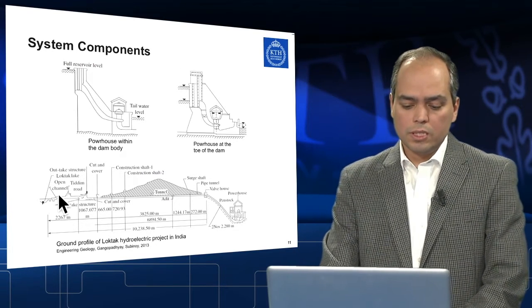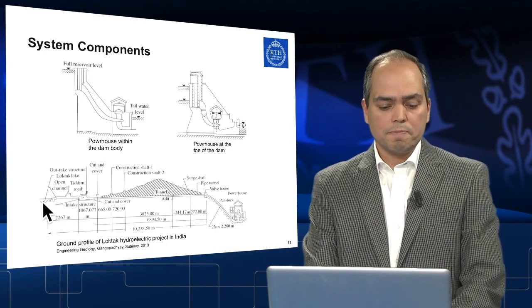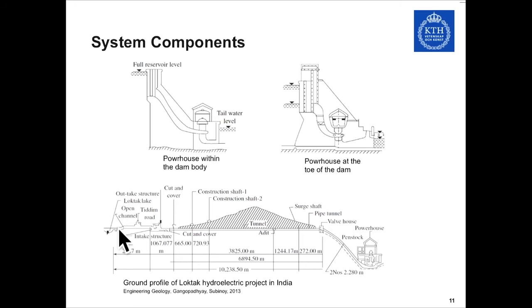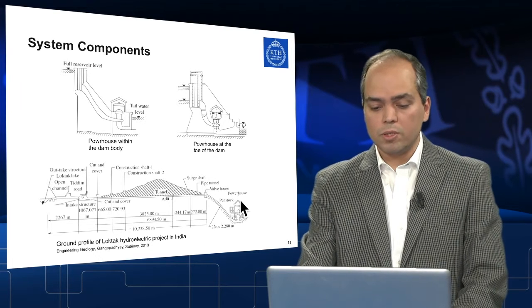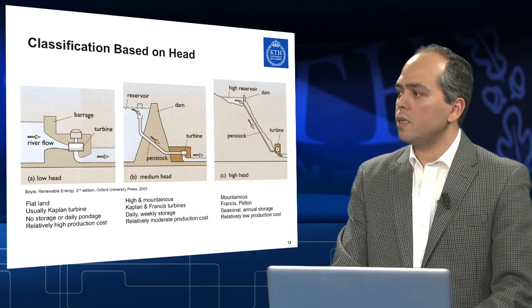For example, in this section from a project, this is a lake, and water is transported through a tunnel under the mountainous areas toward the powerhouse, which is located in some other location.